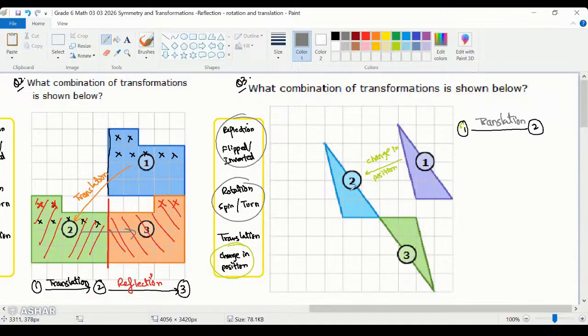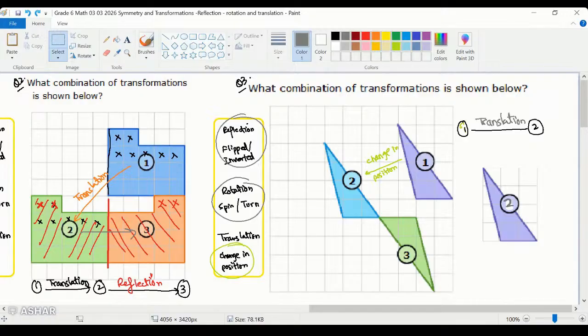From shape number 2, okay, if this is our shape number 2, I'll just write 2 over here. If this was our shape number 2 and we need to go to shape number 3, can we say it's exactly the same? See, the difference will be, just a moment.